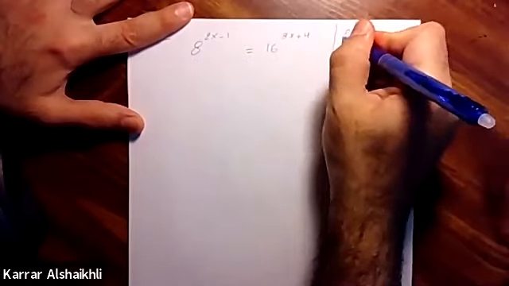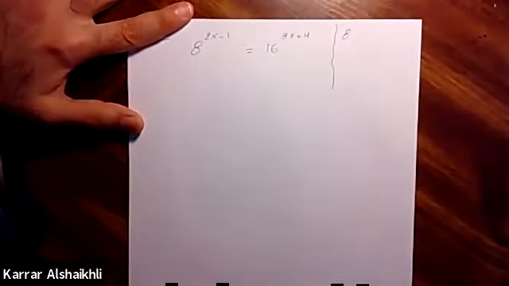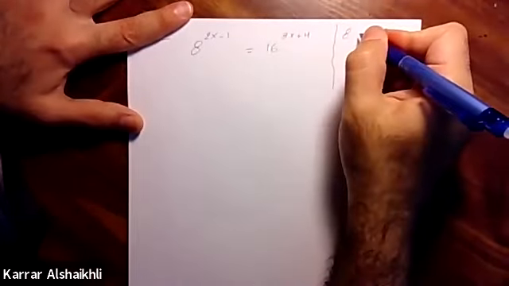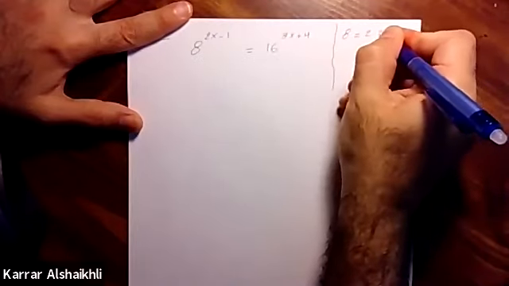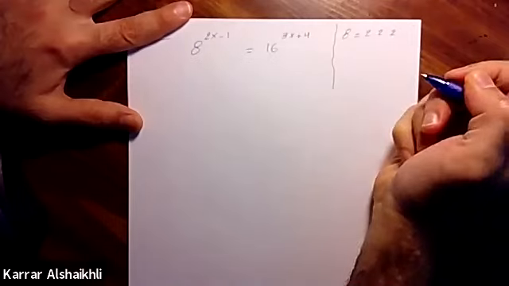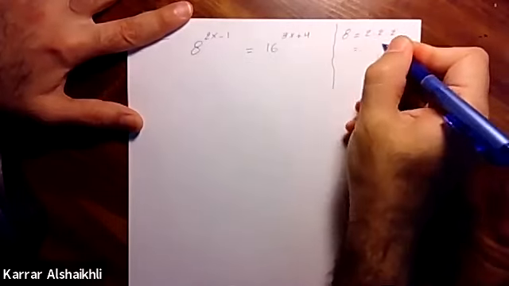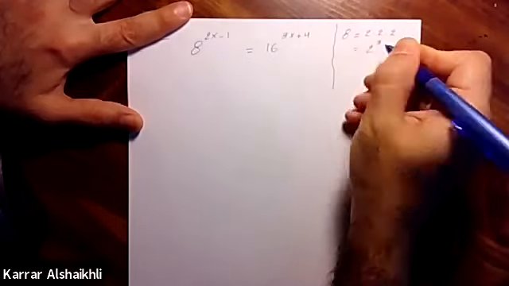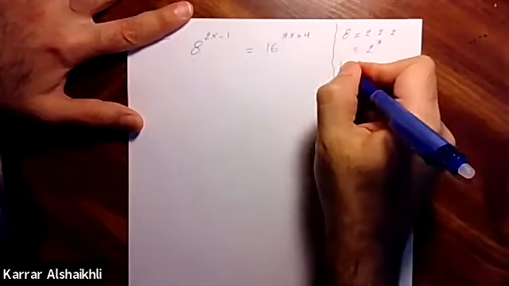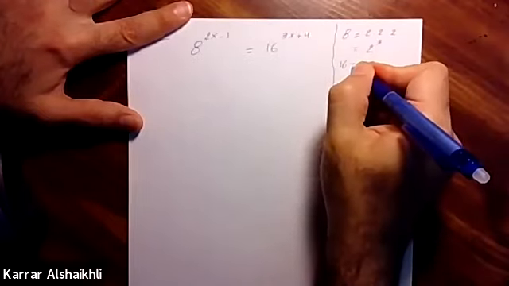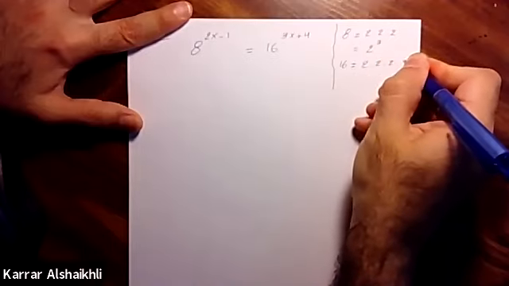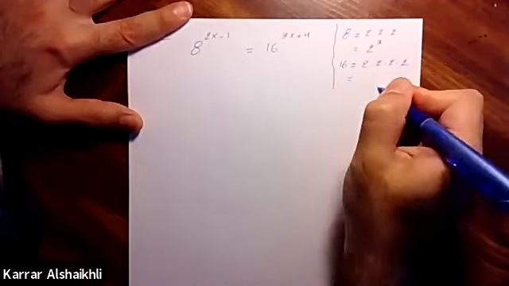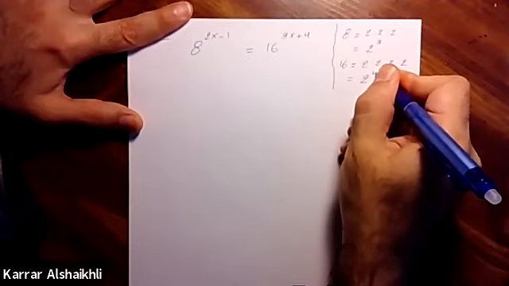8, we can write 8 as 2 times 2 times 2, so I'm going to write 8 as 2 cubed. 16 is 2 times 2 times 2 times 2, so I'm going to write 16 as 2 to the exponent 4.